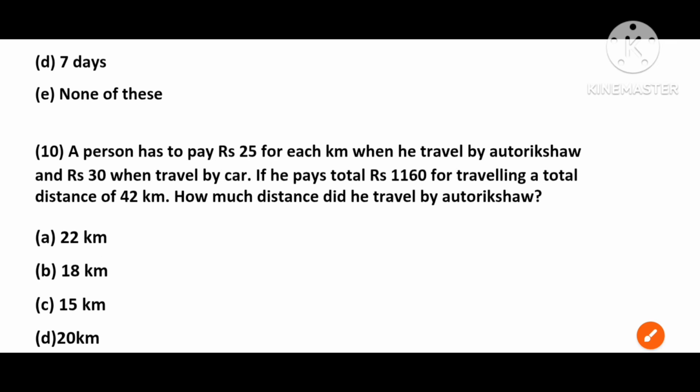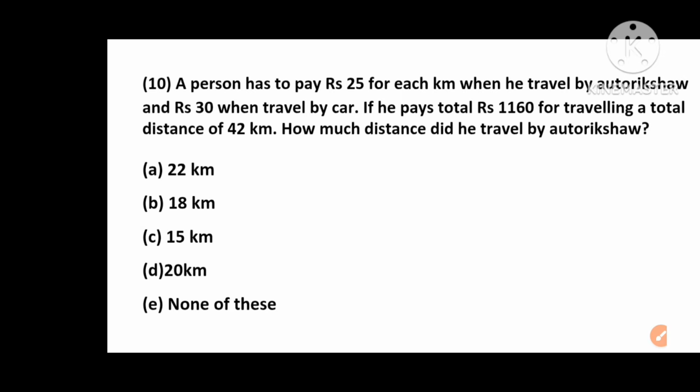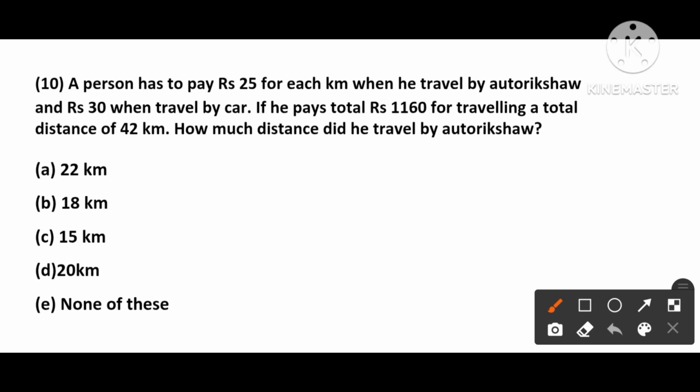Now we are moving on to the final question of arithmetic, the 10th question. A person has to pay 25 rupees for each kilometer he traveled by auto rickshaw, and 30 rupees when traveling by car. He totally pays 1160 for traveling a total distance of 42 kilometers.